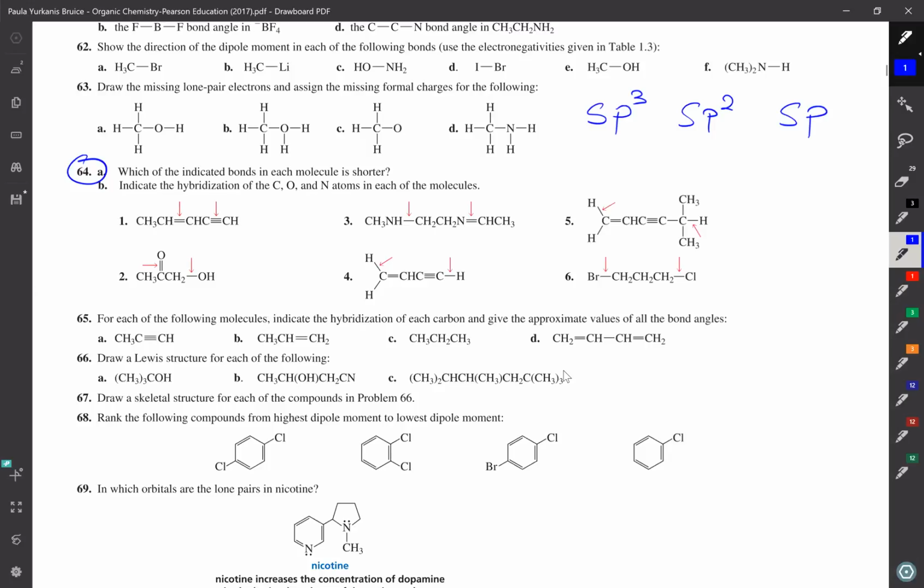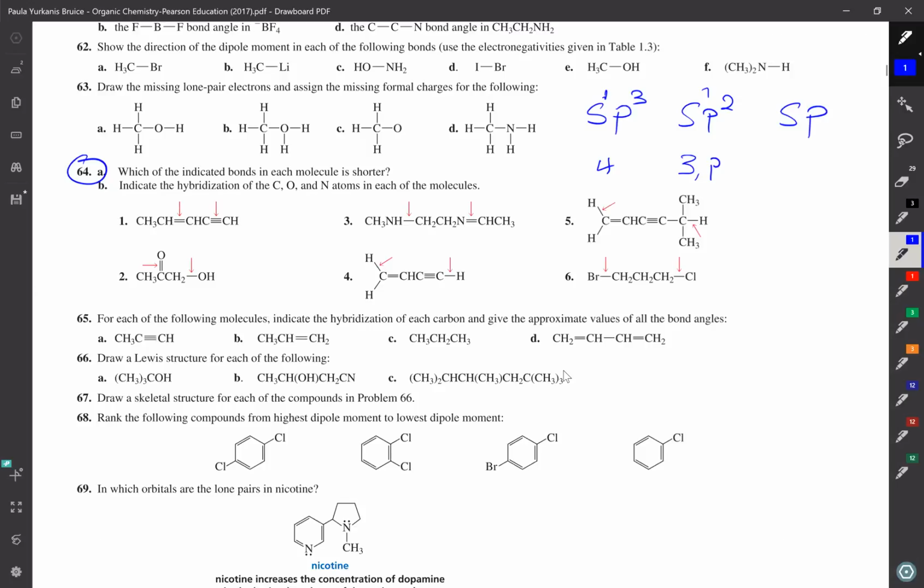Now, in the sp3, what does that mean? It means that you have 1 s orbital combining with 3 p orbitals, giving you a total of 4 orbitals. Does that make sense? In the sp2, we have 1 s orbital combining with 2 p orbitals, giving us a total of 3 hybridized orbitals, but there is an empty p orbital hanging around.